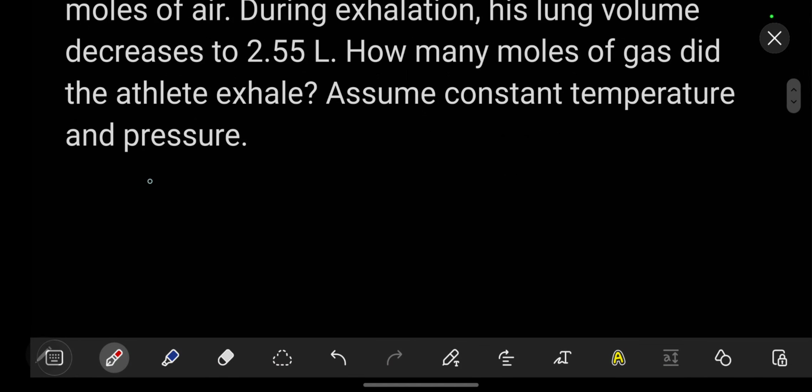According to Avogadro's law, since the number of moles is directly proportional to the volume, our number of moles number 1 over the volume number 1 should be equal to number of moles number 2 over the volume number 2.